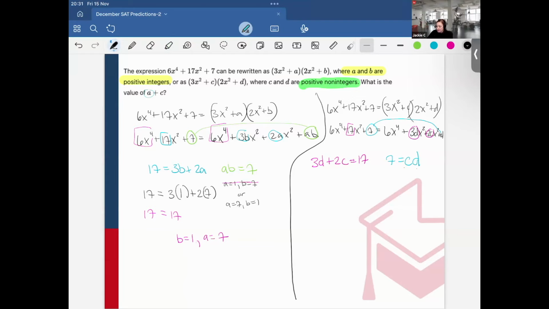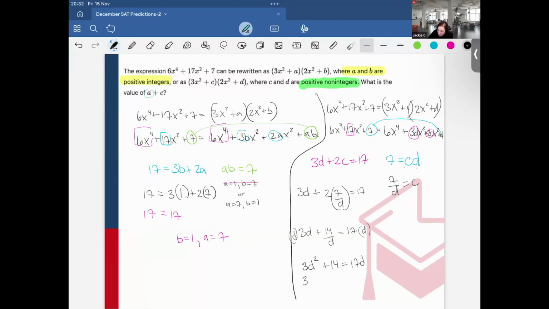For example, 7 over d is equal to c. Then I can put that in for c. So I have 3d plus 2 times 7 over d is equal to 17. That would be 3d plus 14 over d is equal to 17. Now I will multiply each side by d to cancel out the d here. So I would have 3d squared plus 14 is equal to 17d.